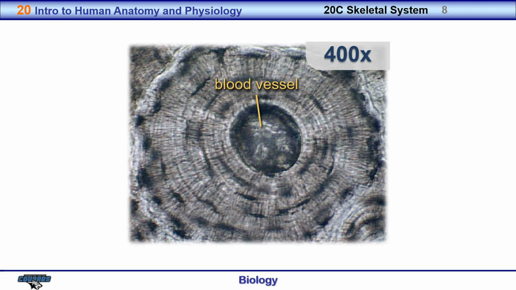Those little lines that radiate out from the center are those canals that we were talking about. And then these open spaces that are filled with fluid are the lacunae. And the lacunae get their nourishment from the blood vessel out through these little tiny canals.